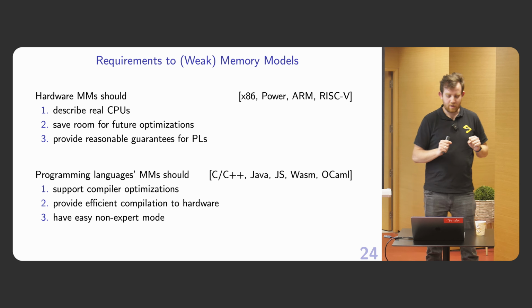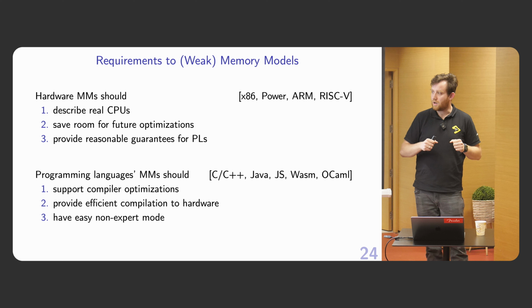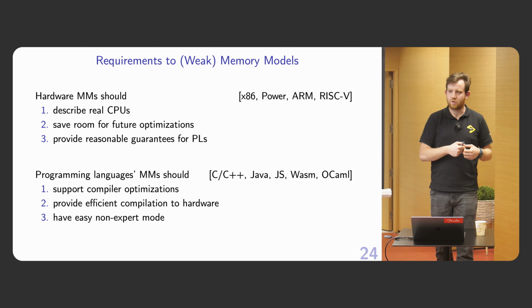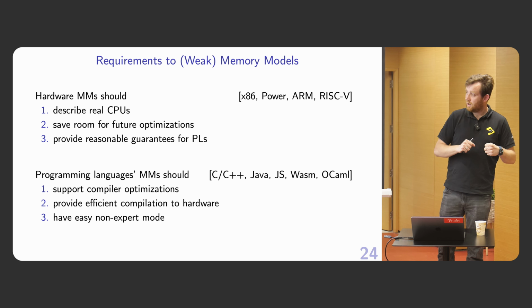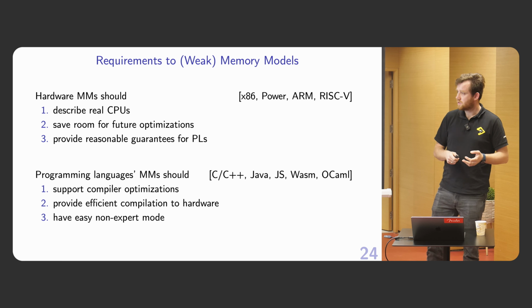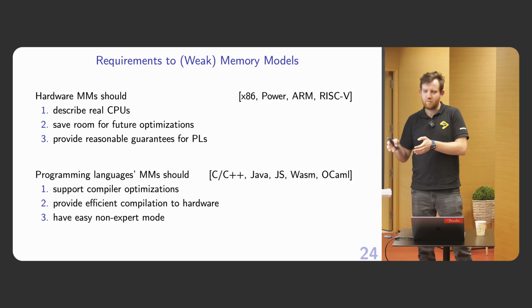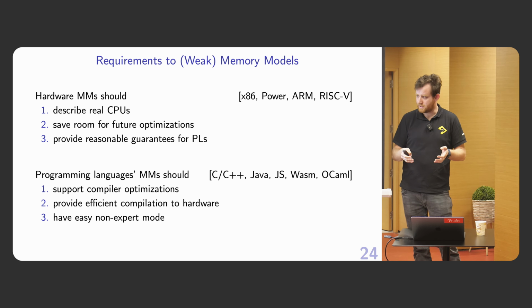What we want from these memory models is that we want to allow the compilers to do their job. So the memory models should allow compiler optimizations and take into account their changes to programs. They also should provide efficient compilation schemes to hardware. For example, if you compile C++ to x86, ARM and IBM Power, then the memory model of C++ should take this into account.